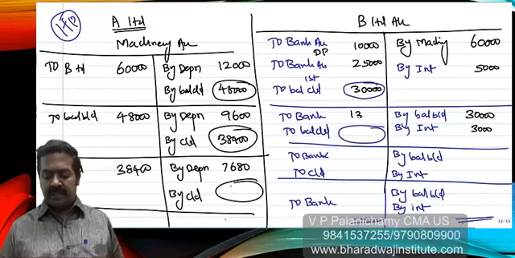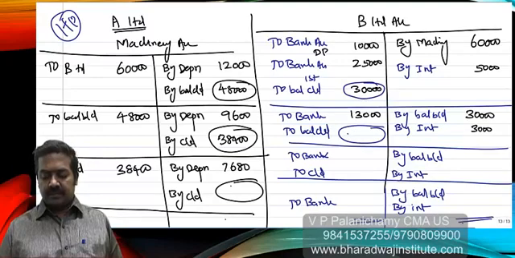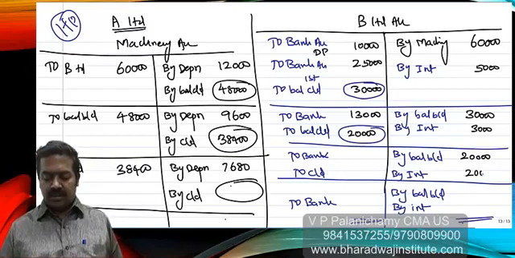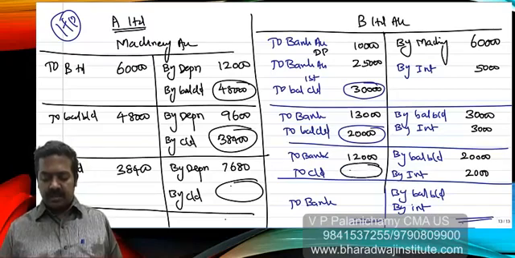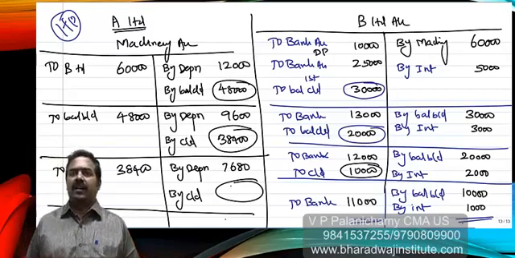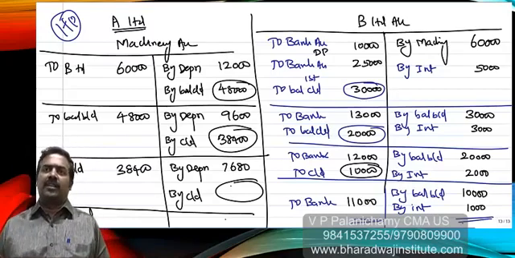That 13,000 is paid. 20,000 interest for the third year is 2,000. 12,000 is paid. Balance 10,000 outstanding. The 10,000, what is the interest for the last year? 1,000. To bank we are paying what? 11,000 and settled. Accounting is only 2 ledgers, nothing more, nothing less.